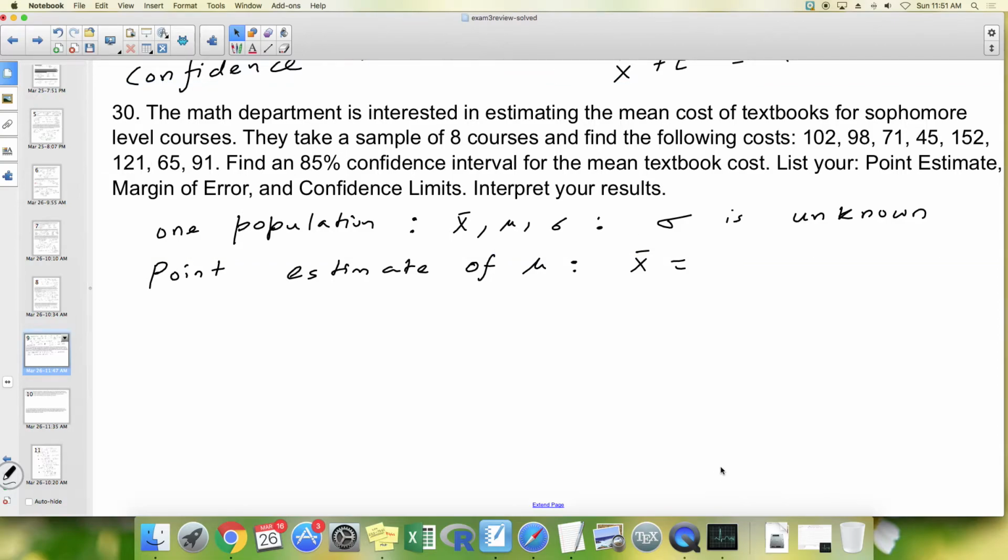So here n equals 8. From the data points I can find x bar, I'll need my calculator, x bar is 93.125, and s equals 33.6937.